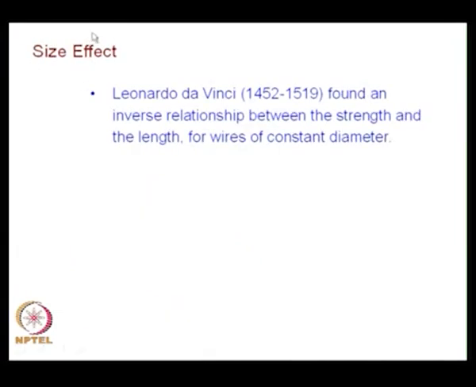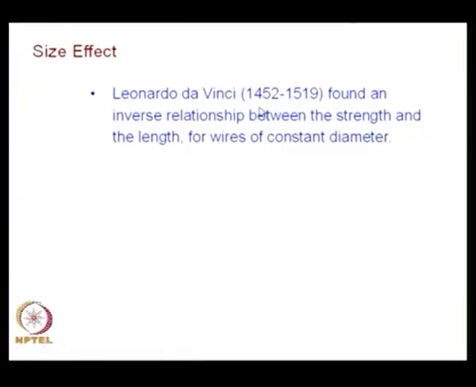People based on experiments coined this as a size effect. They had no clue why the theoretical strength is far higher than what is observed in experiment. But in experiment they saw something very interesting that can be traced way back to Leonardo da Vinci.